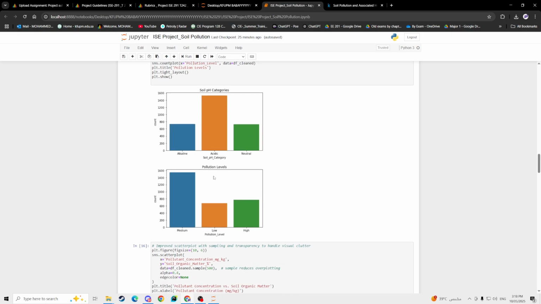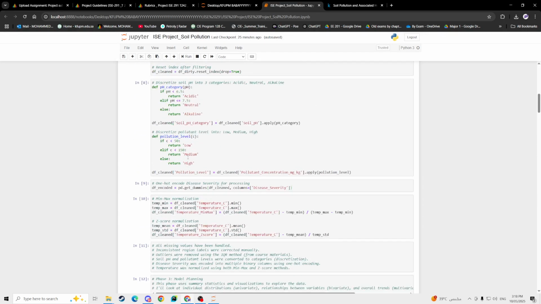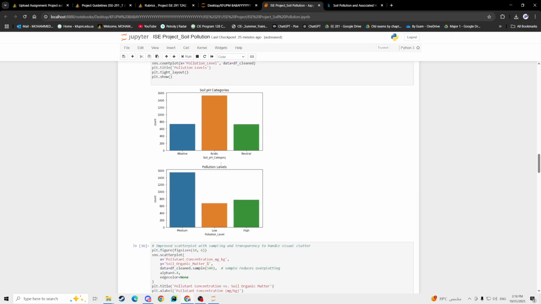As for the pollution levels, the medium pollution level, with numbers between 50 and 150, is the most common, with the low and high being almost equal.